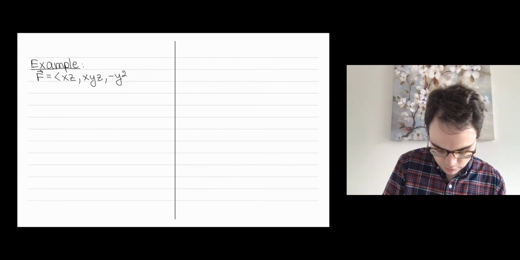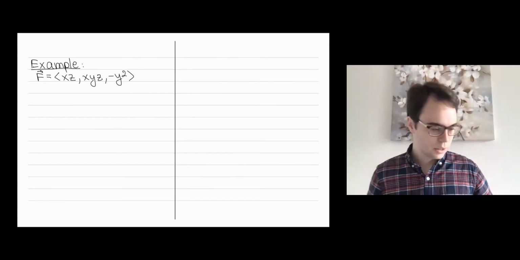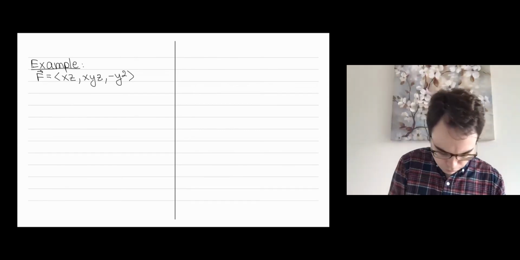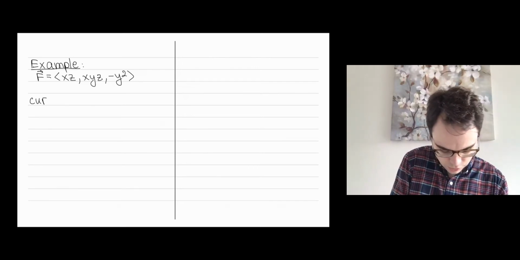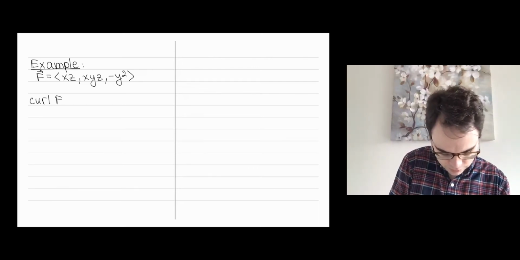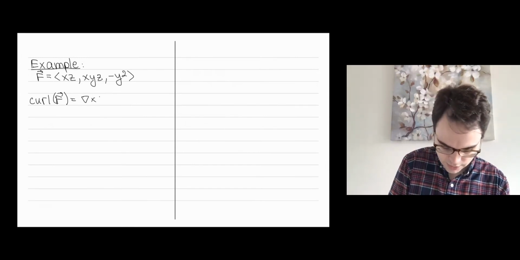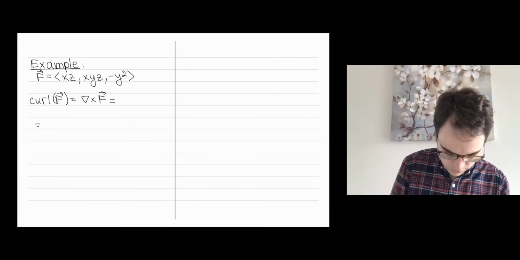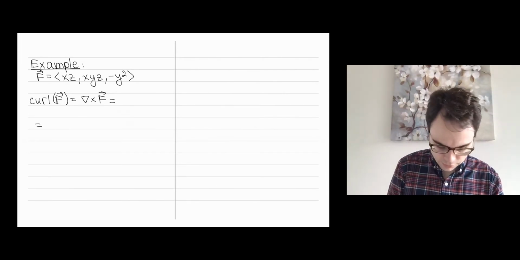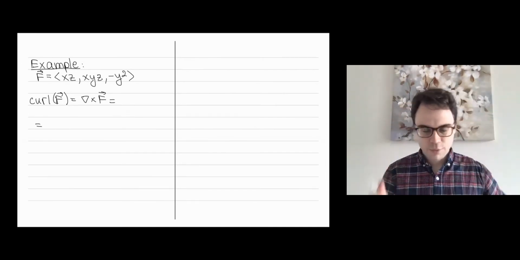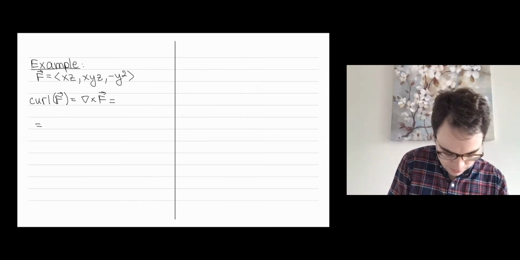So this is our vector field. Then in this situation, the curl of this vector field is just the cross product of the gradient vector with the vector field.